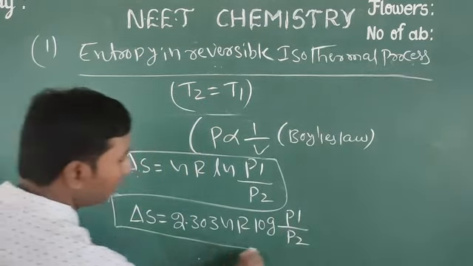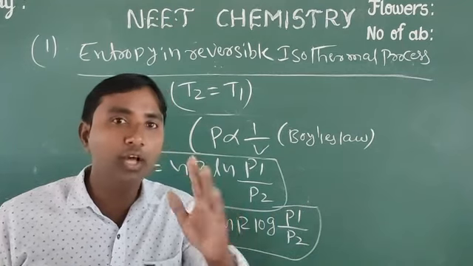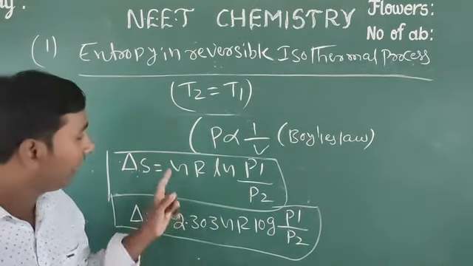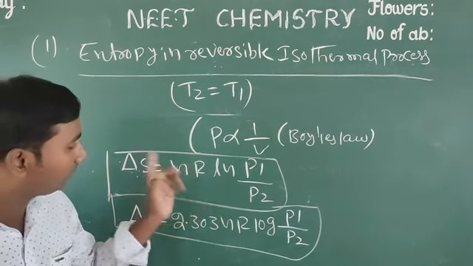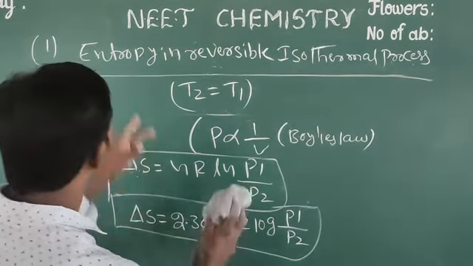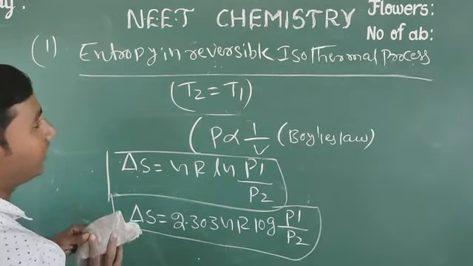This is in terms of pressure because pressure and volume are inversely proportional. Only n and R come, since temperature remains constant in the isothermal case. This is entropy in a reversible isothermal process.